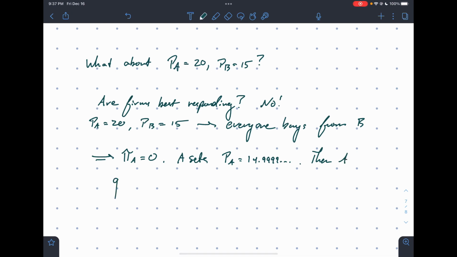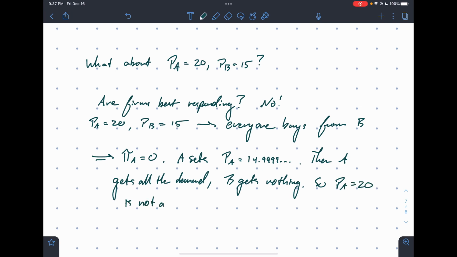Then A gets all the demand. B gets nothing. So PA equal to 20 is not a best response. So this means PA, PB equal to 20, 15 is not an equilibrium.